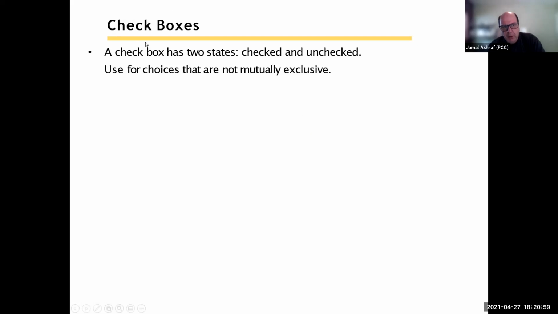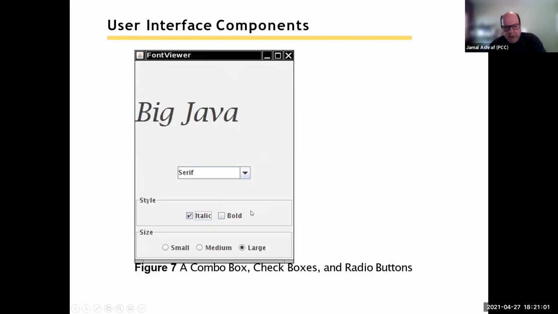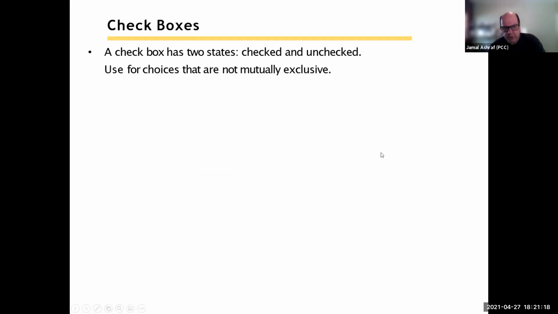So we're going to be looking at the checkboxes over here. So we did our radio buttons. We grouped them. So if they click on the small, the large is going to go away. I'm going to be checking them to see which one is selected. Now we're going to talk about the checkbox.